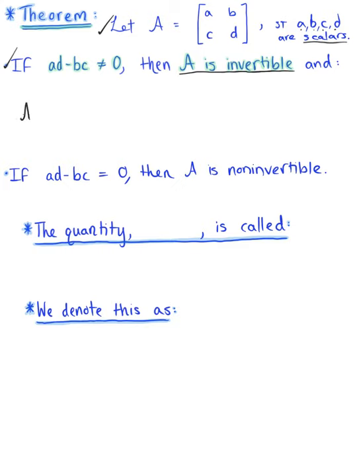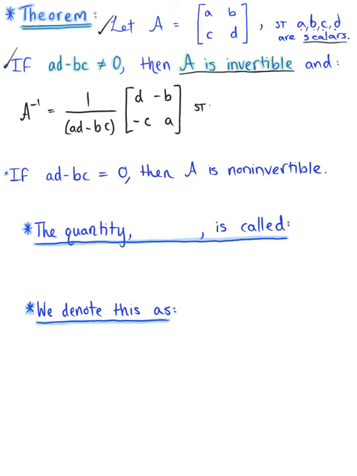And we define the inverse of matrix A as 1 over this quantity, A times D minus B times C, multiplied by the 2 by 2 matrix whose entries are D, minus B, minus C, A.